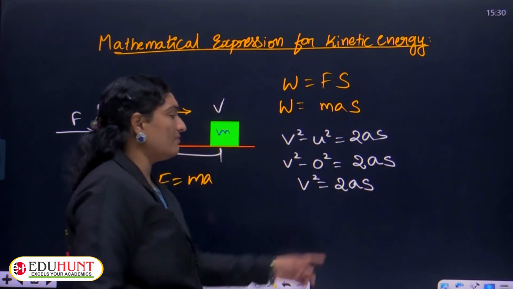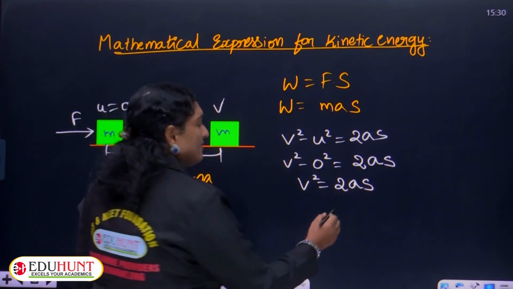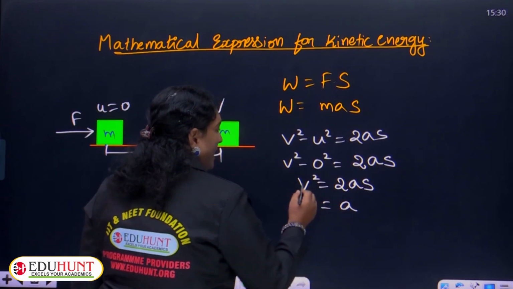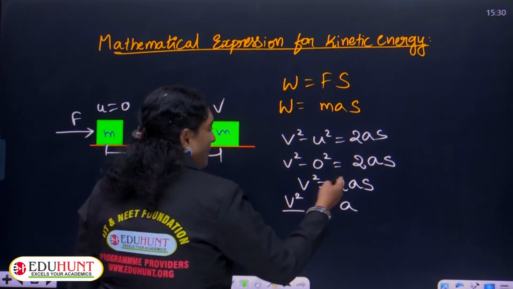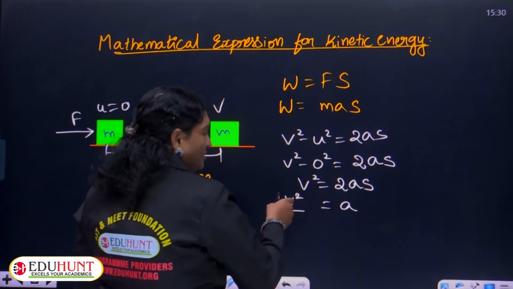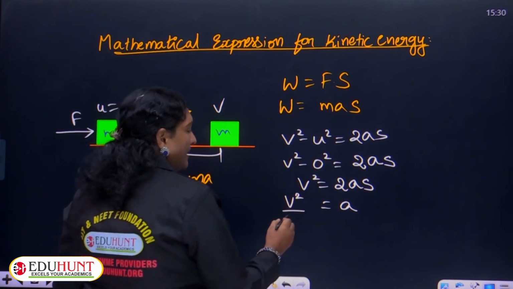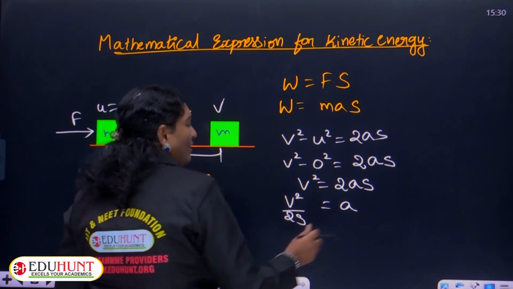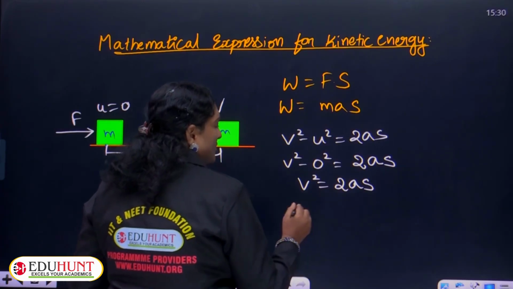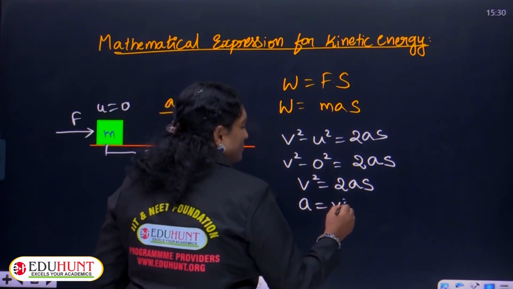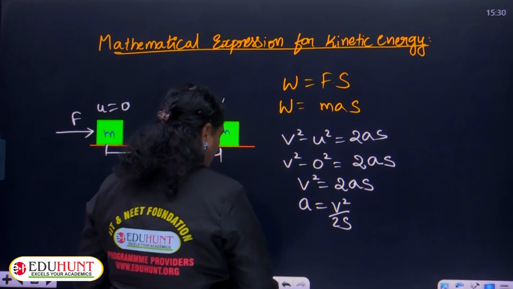We want to find out the value of a. From this, bringing the remaining terms to the right side, 2s comes to the denominator. So a is equal to v square by 2s.